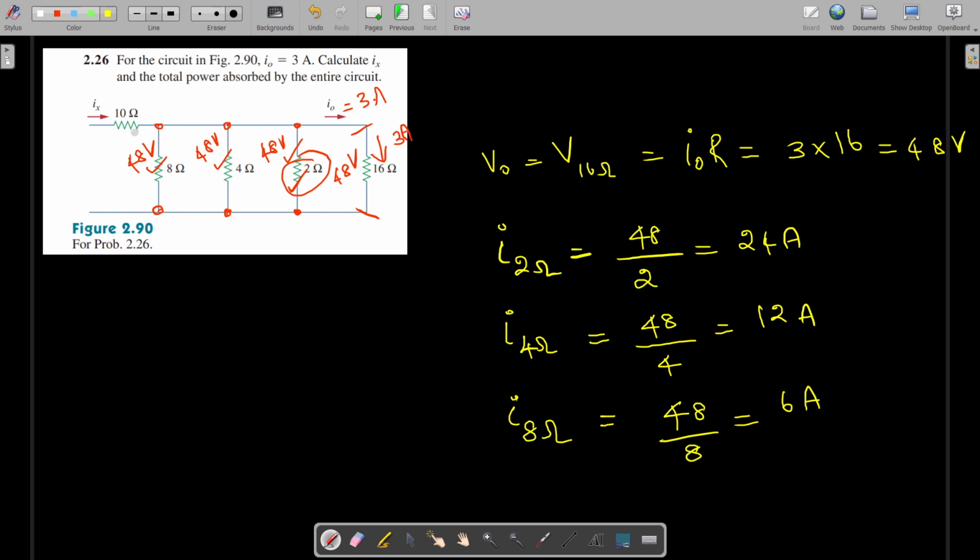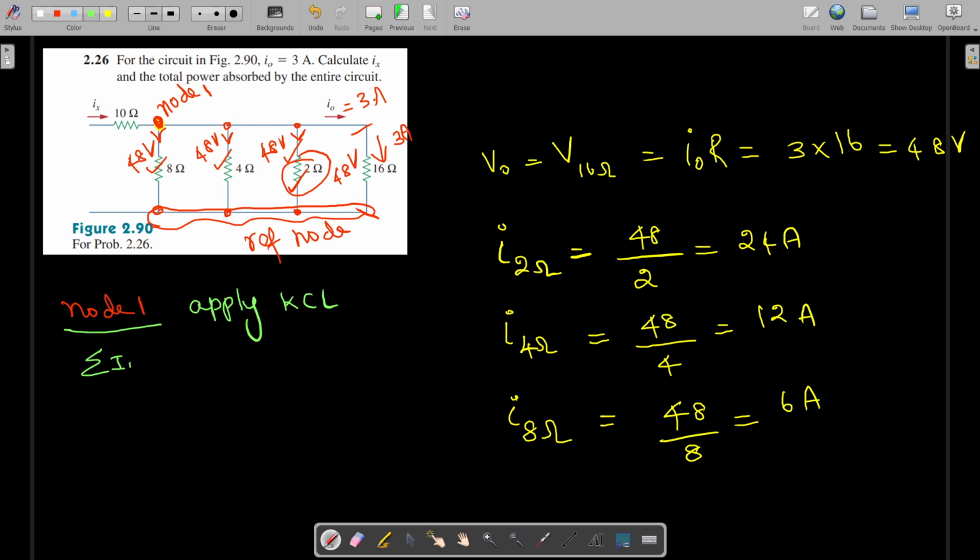Now we can calculate this Ix. Ix is the current entering into this particular node. All other currents are the leaving currents here. If you take this as node 1 and this is your reference node, then at node 1 we can apply KCL. KCL is Kirchhoff's current law.